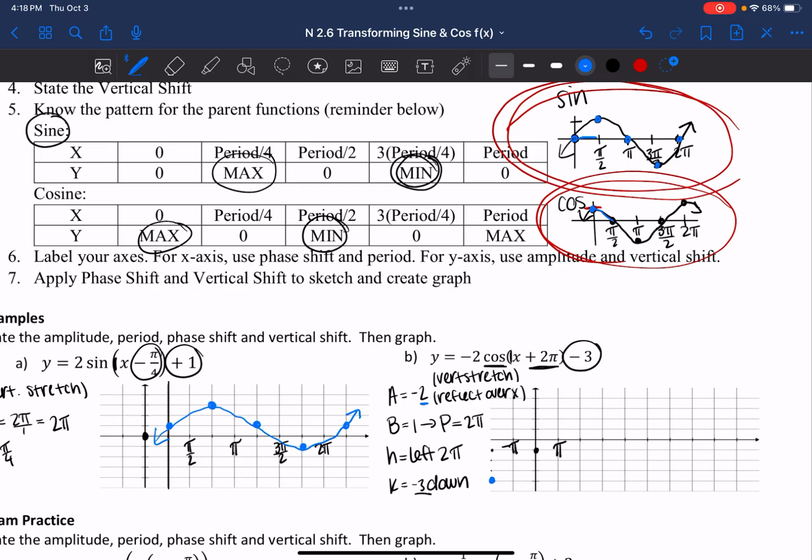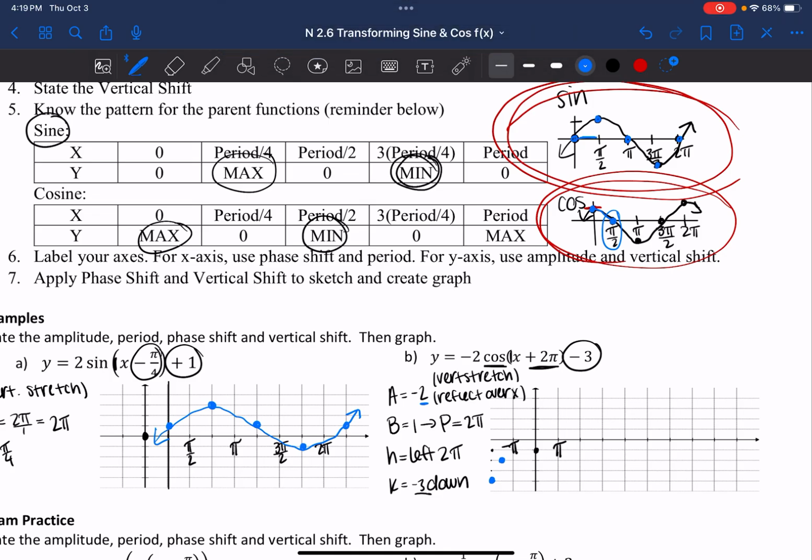So that 2 tells me that instead of going up just 1 line, I am going up 2. But my next one should be at an increment of pi halves. Well, if each line is worth pi, pi halves would be right in the middle. So my point would be here. So that would be this point equivalent that I just plotted.